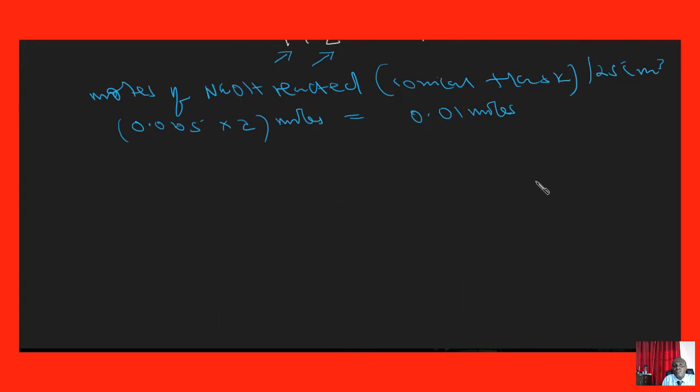How do we calculate the concentration? It's now very easy, because we are going to extrapolate. We have 0.01 moles, and they are in the conical flask, in 25 centimeters cubed. Our concentration is based on per liter, but here the number of moles we are getting is in 25 centimeters cubed. Therefore we will extrapolate from there.